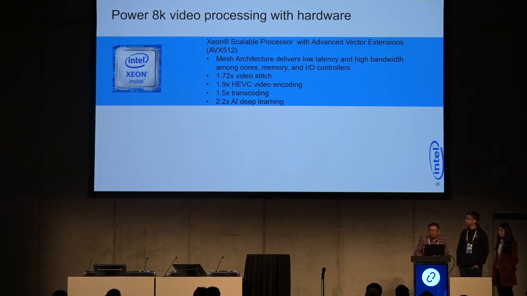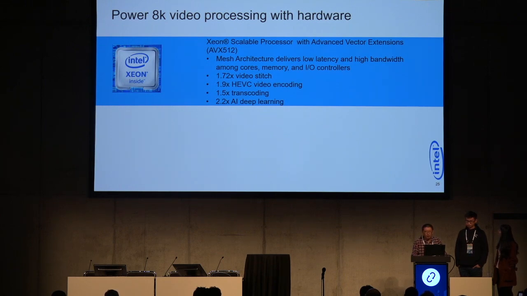Now let's see how this hardware powers 8K video processing. This is the Intel Xeon Scalable processor. All Xeon processors support AVX512. With mesh architecture, it delivers low latency and high bandwidth among cores, memory, and I/O controllers.